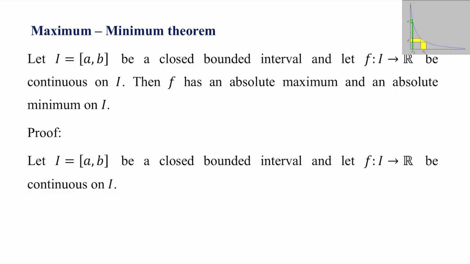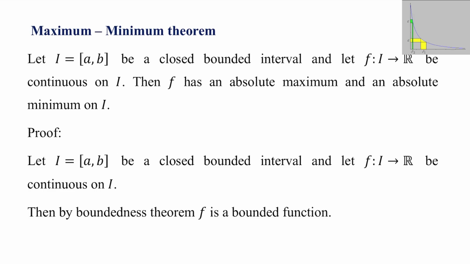So let's prove this theorem. Let I equal to closed interval AB be a closed bounded interval, and we are considering a continuous function on I. Let f from I to R be a continuous function on I. Then the boundedness theorem says that f is a bounded function, because we are considering a continuous function on a closed bounded interval.